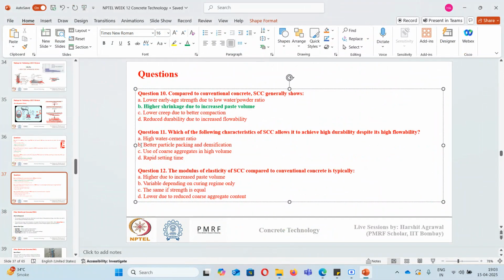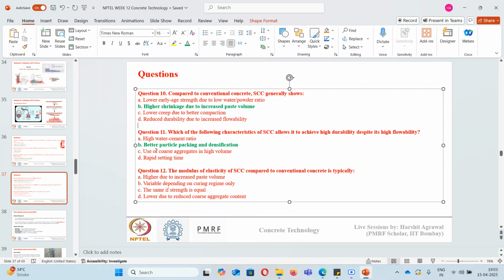Okay, so the correct answer, I guess, is B. When we are talking about self-compacting concrete, we have reduced the particle size of coarse aggregate. Initially we talked about how self-compacting concrete is made. First step is optimizing the particle packing, and then we optimize the cement paste, the superplasticizer, and the viscosity modifying agent.